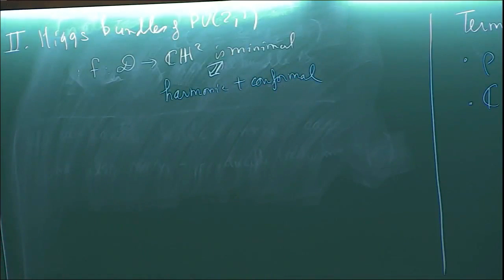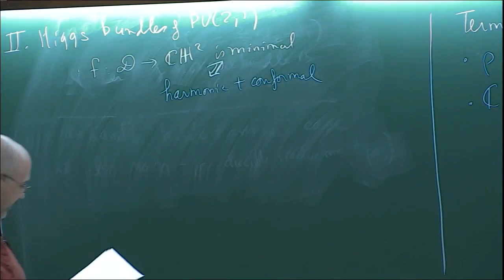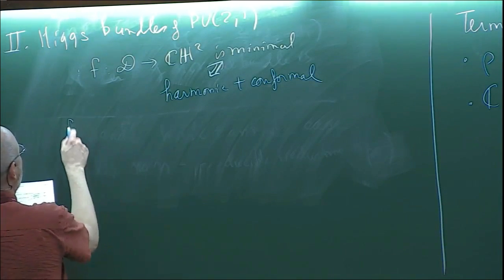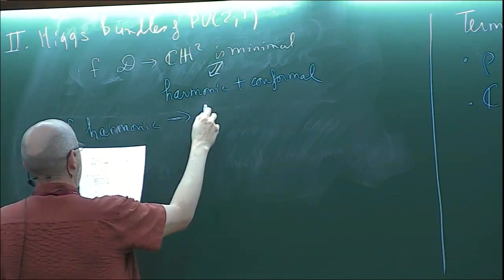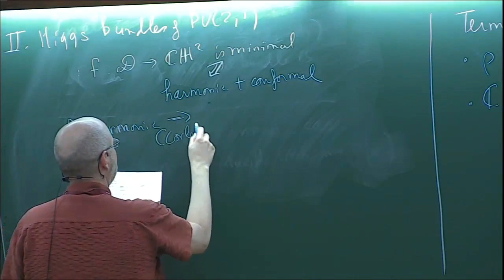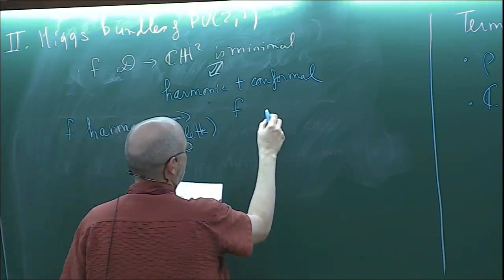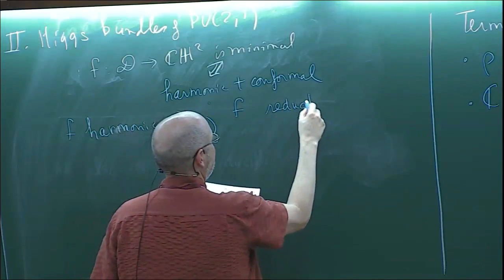And one of our starting points is that harmonic maps which map into the symmetric space for your group are closely related to Higgs bundles. These are harmonic maps from surfaces that are equivariant in the right way, which this is, and that map into this symmetric space. Okay? So F harmonic implies, by a result of Corlette, that F is reductive.